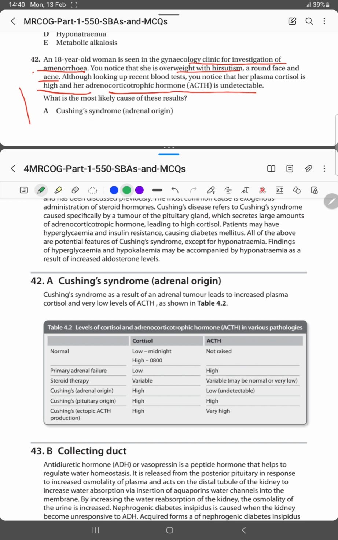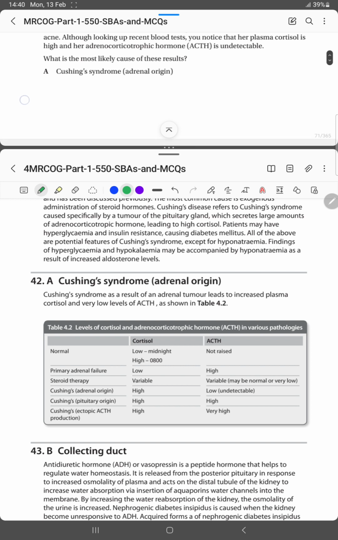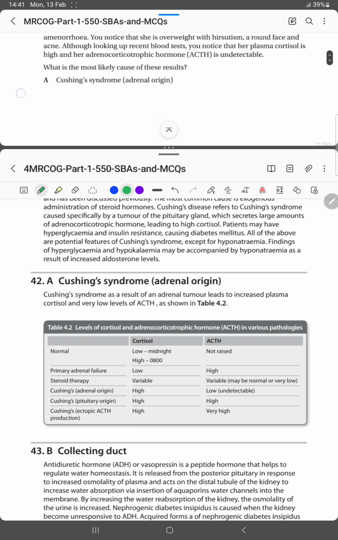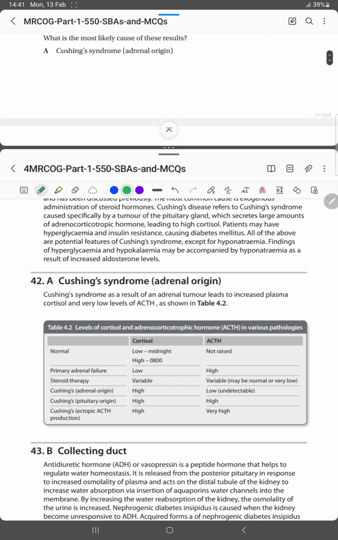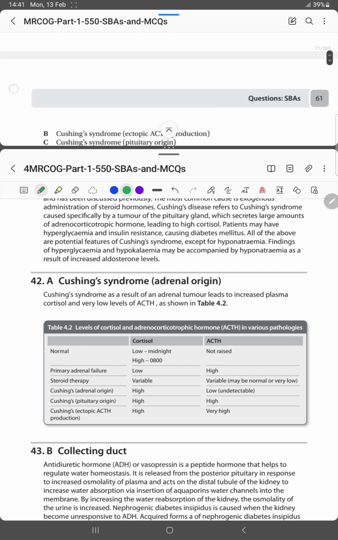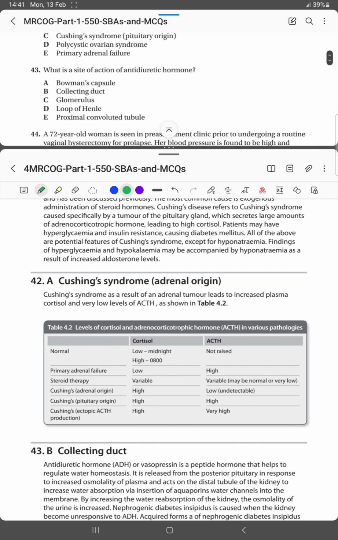What is the most likely cause of these results? It is Cushing syndrome, because it results from an adrenal tumor, which leads to increased plasma cortisol at a very low level of ACTH.